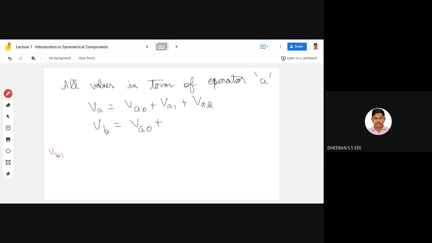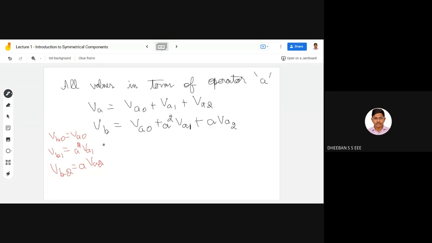Your VB0 will be equal to VA0, and then your VB1 will be equal to A square into VA1. So you have to put this over here: A square into VA1, plus the negative sequence. The negative sequence VB2 would be equal to A times VA2, and you substitute this over here. So now it becomes A into VA2.